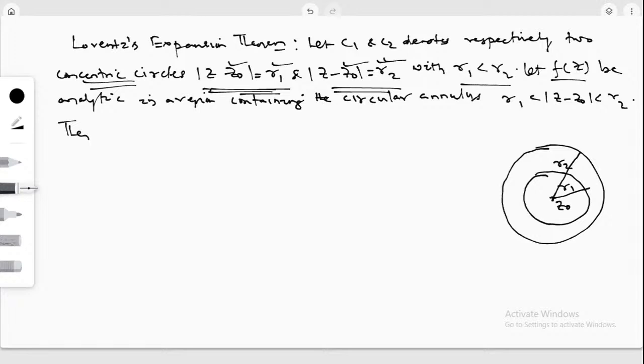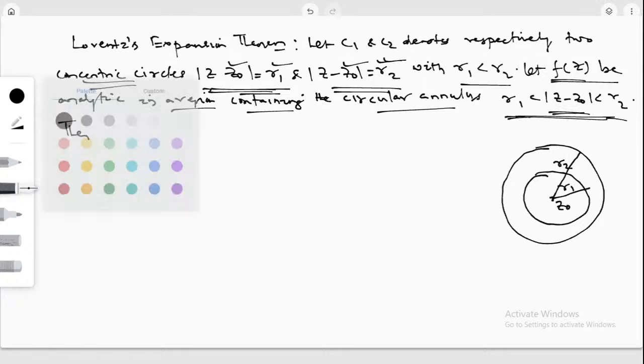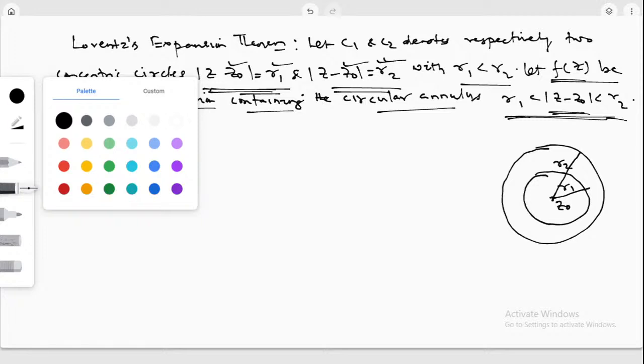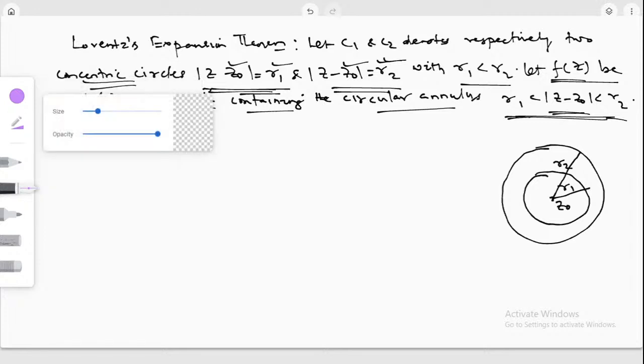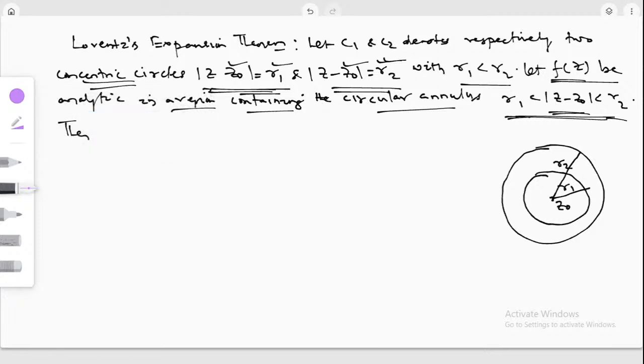With R1 less than R2 and f of z analytic in a region containing the circular annulus, this one. So what is this region? Modulus of z minus z0 is lying between R1 and R2. That means this is the region. I'll use a different color.